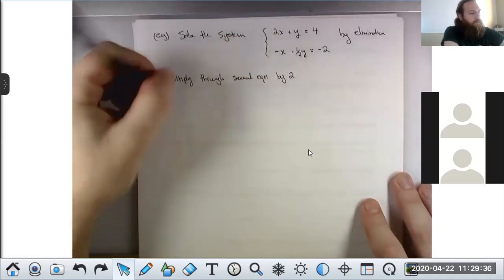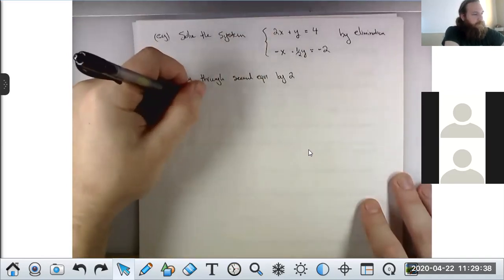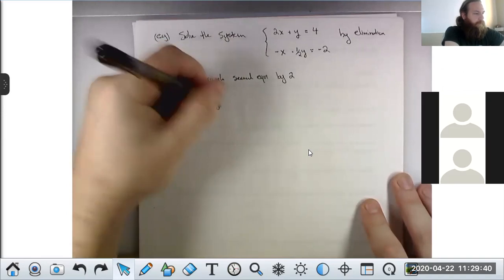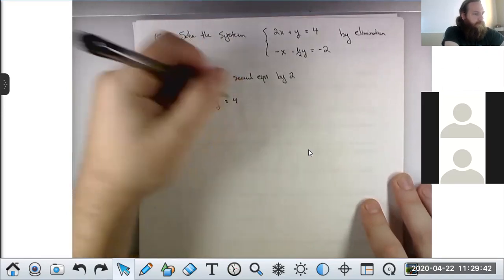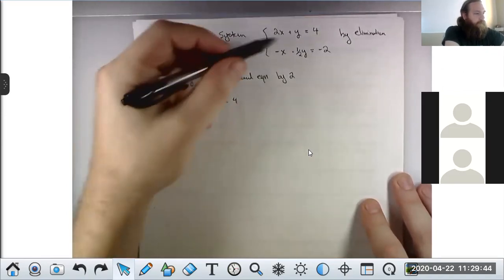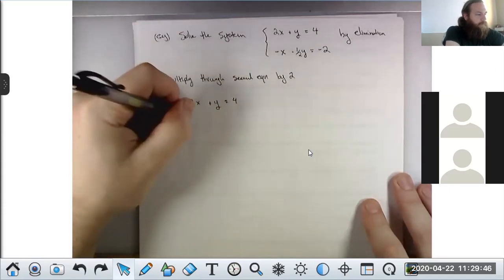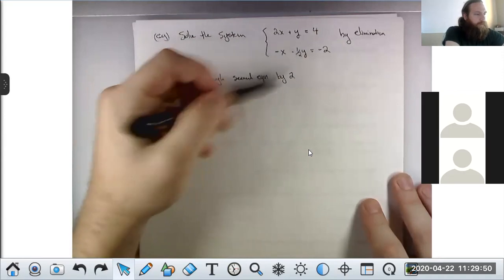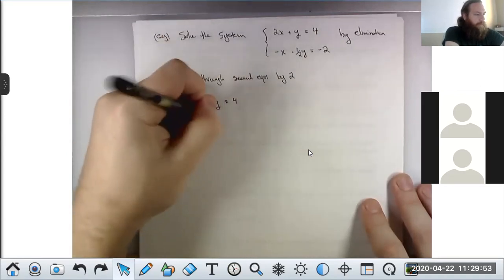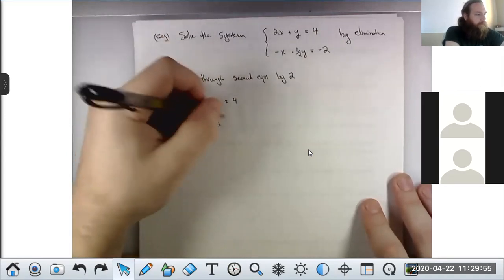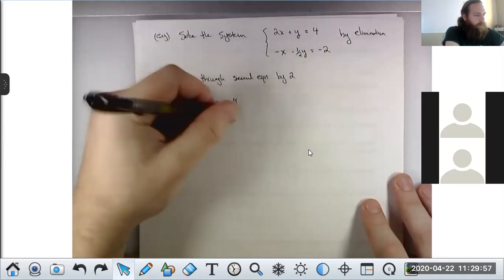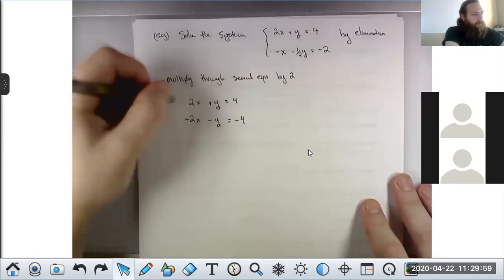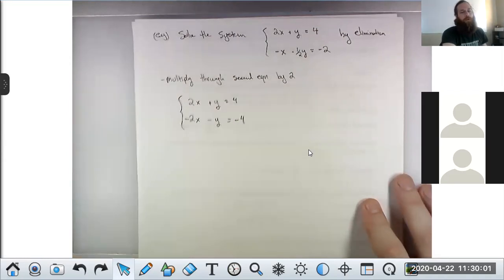And what I get here is the new system: 2x plus y equals 4, and then negative x times 2 is negative 2x, minus 1/2 y times 2 is minus y, and negative 2 times 2 is negative 4. So this is what I get when I do that.